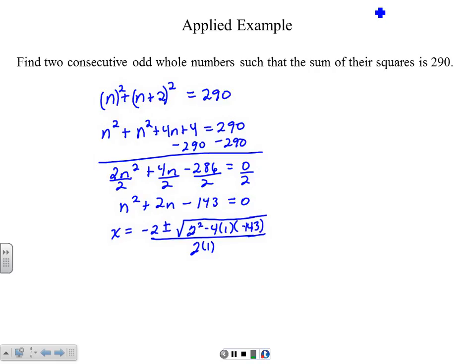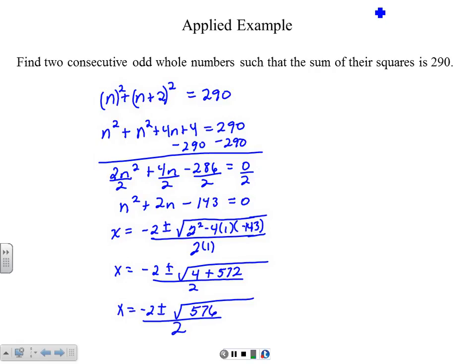Alright, so we have n equals negative 2 plus or minus the square root of 4 plus 4 times 1 times 143, 572. Goodness. Over 2. And so we'll have n is equal to negative 2 plus or minus the square root of 572 plus 4 is 576.